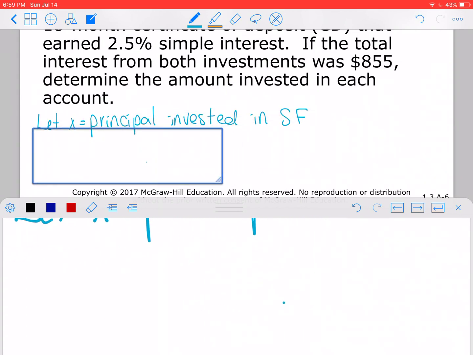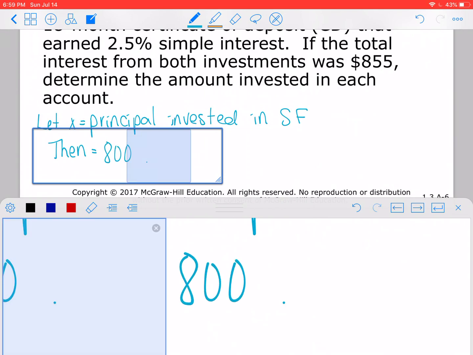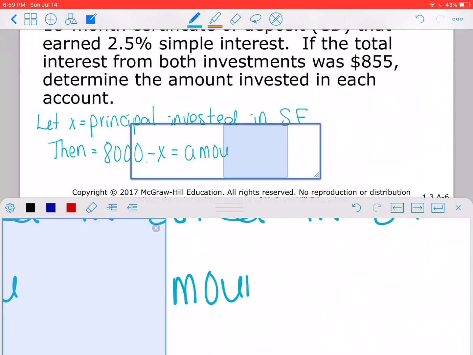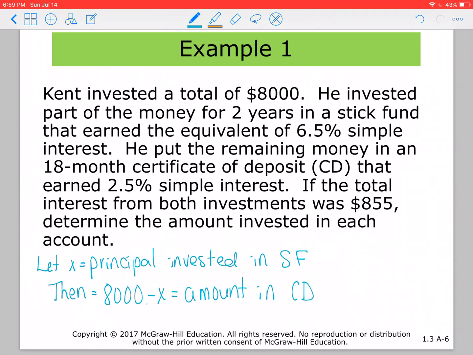Okay? So if X is the amount in the stock fund, well, we put $8,000 total, so that means 8,000 minus X will be the amount that's left for the CD.